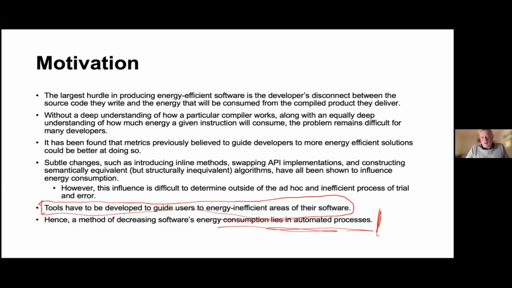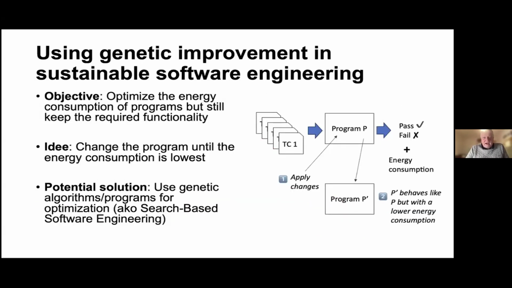And genetic improvement, which is basically the application of genetic programming, may be a solution to that. How can this be done? You have a program P, as mentioned here, with a lot of test cases, which are marked here as passing and failing. Hopefully, before shipping, most of them, or at least the important ones, pass.